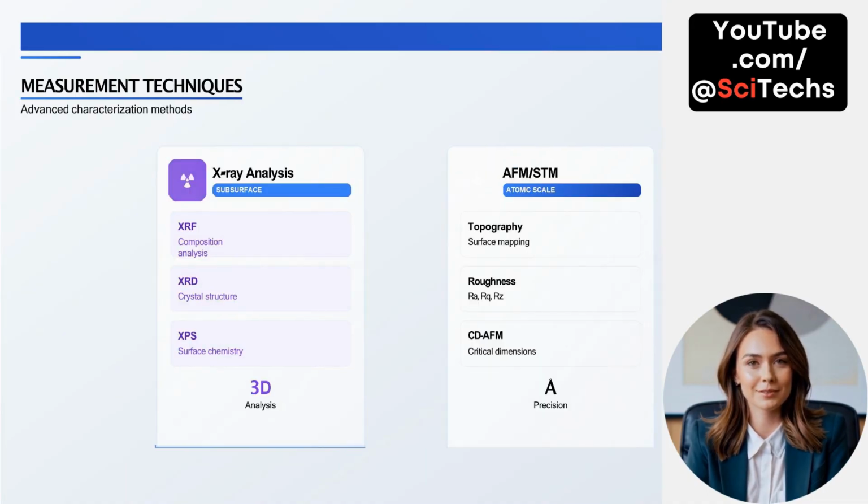Measurement techniques. Advanced measurement techniques in semiconductor characterization also include subsurface and atomic scale methods for a deeper understanding of materials. X-ray analysis plays a crucial role in subsurface examination. XRF, or X-ray fluorescence, is used to determine elemental composition with high accuracy.